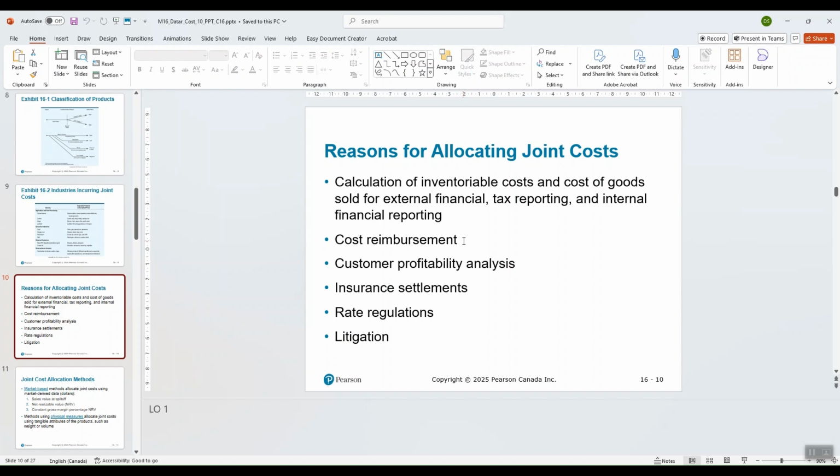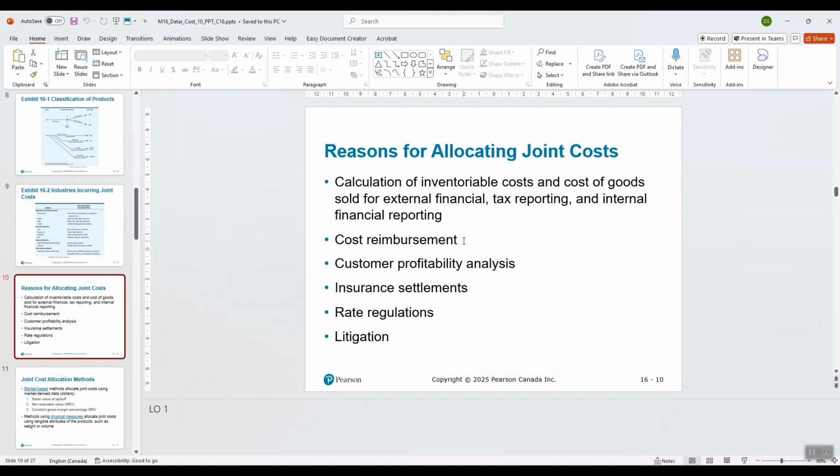Internal financial reporting: when it comes to the management, they like to make informed decisions. So in that case, management needs to know what is the actual product cost by considering the various factors that we talked about in the previous slide with that diagram. Cost reimbursement. Sometimes when they have different departments that manage different costs, those costs have to be reimbursed to the other departments because those are not the direct costs associated with those departments.